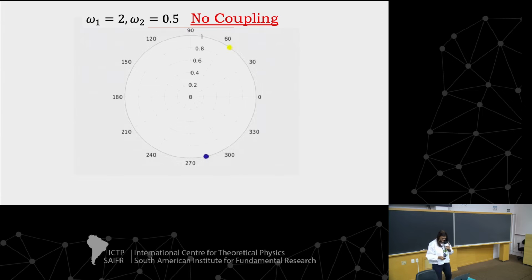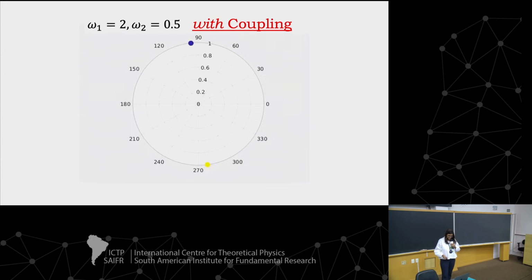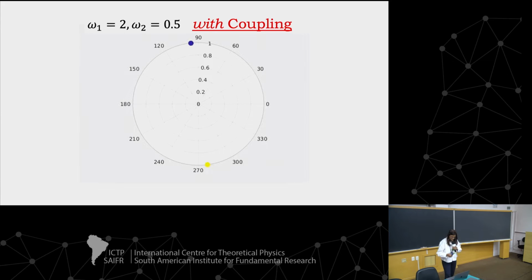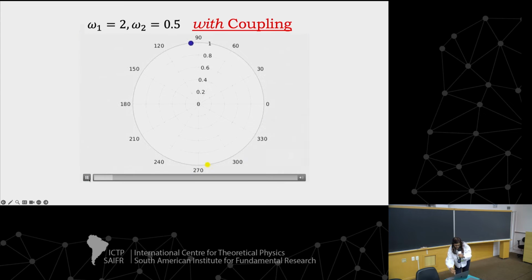But as you have some coupling, I think the video has some problem with coupling. As soon as you have some coupling, you can see blue, and you have the same oscillators, but as soon as you have coupling, they start moving. But I don't know why this video has the problem.